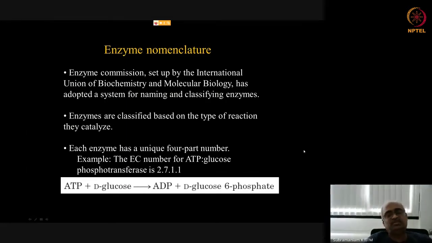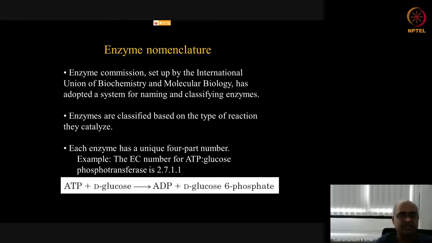Okay. So another aspect of enzymes we need to know is that there are a large number of enzymes. So how do we classify them, catalog them, and have a unique identity for each one of them? You might have discovered one enzyme with respect to its activity on one particular substrate under a certain condition, and based on that you would have named it.